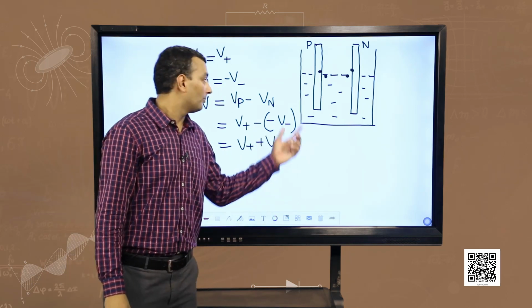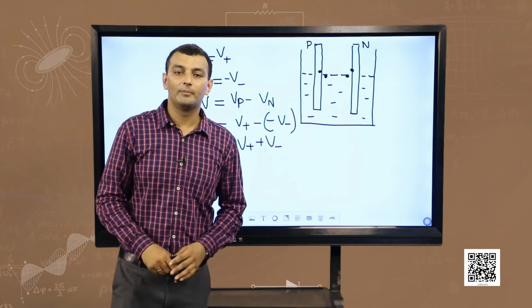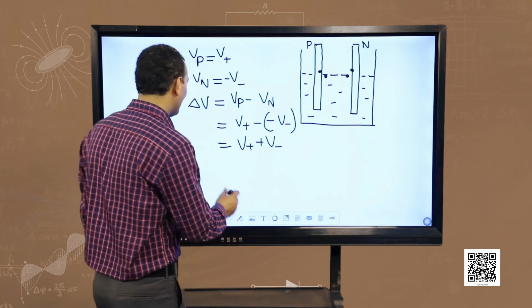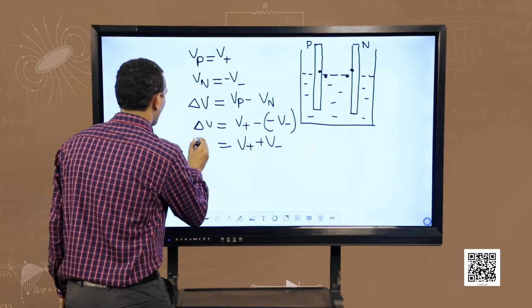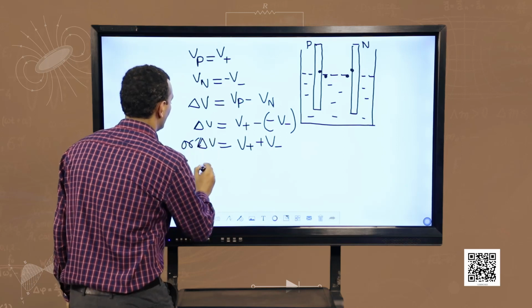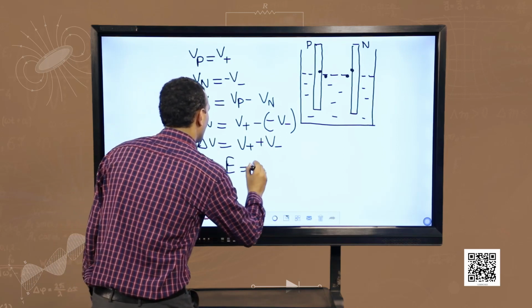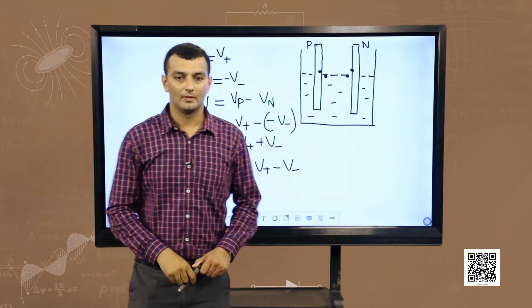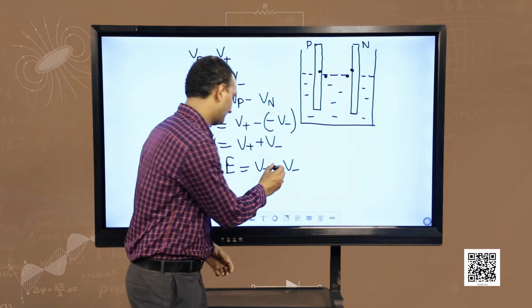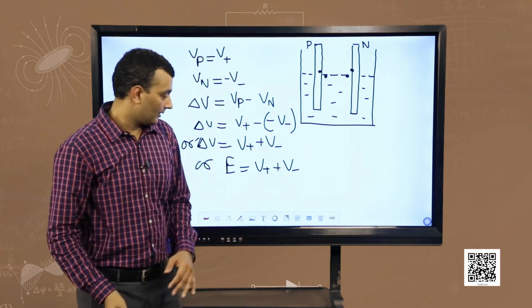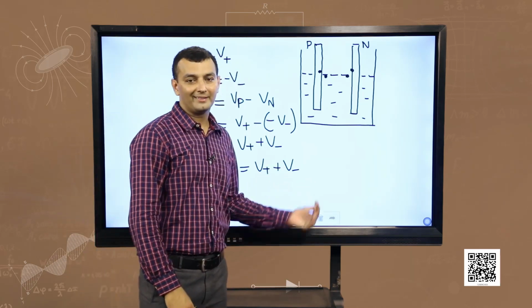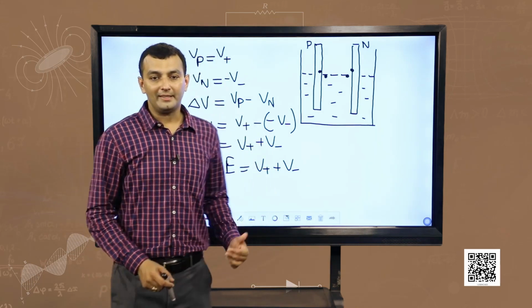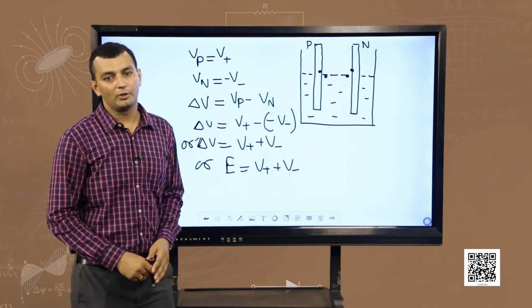This potential difference between the two electrodes is termed as the electromotive force of the cell, and it is denoted by E. Thus V plus plus V minus is greater than 0.